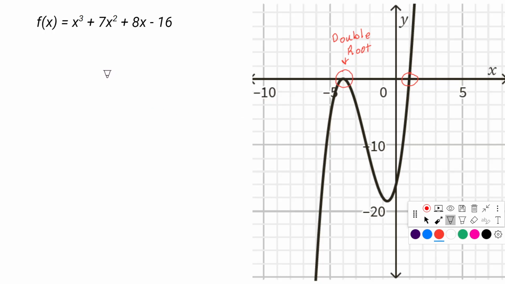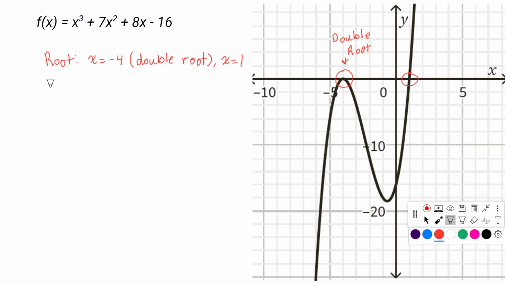So for this particular cubic function, our roots are going to be x equals -4, and we would call that a double root. And x equals 1.